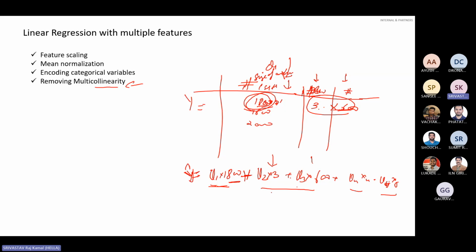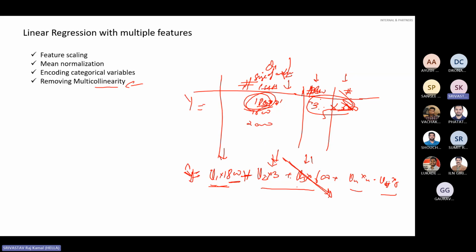So what can you do in case of multicollinearity? Either you take this column, or you take that column, or you take these two columns, or remove this column. So this could be a case. If I remove this column, now take the cases. Overall size 1800, number of rooms 3.